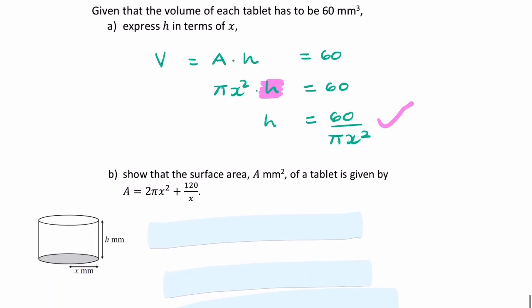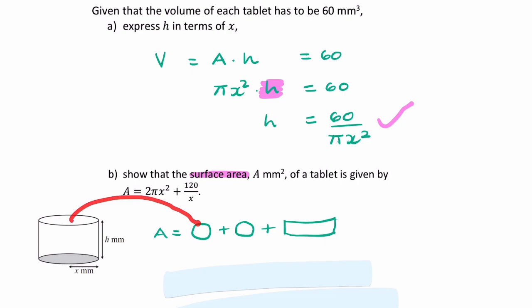The question then goes on to say, show that the surface area is given by this expression here. So the surface area is the area of the outside of this tablet. So it'll be the area of the top, the area of the bottom, and the area of the sides. The top and the bottom are both circular. So that's the top, that's the bottom, and this bit is the curved side wall.